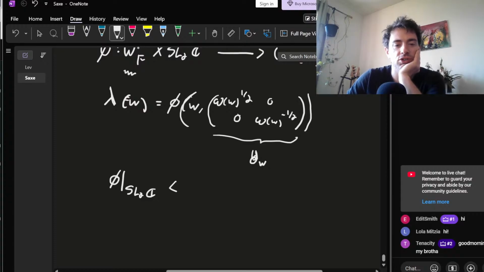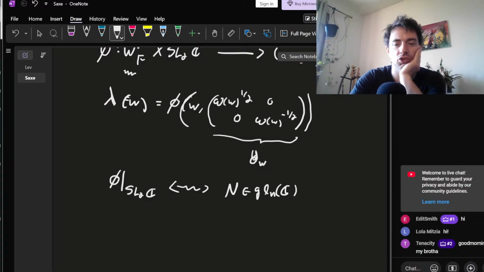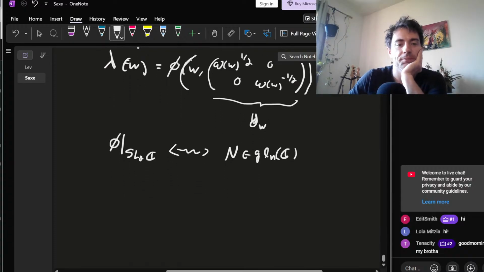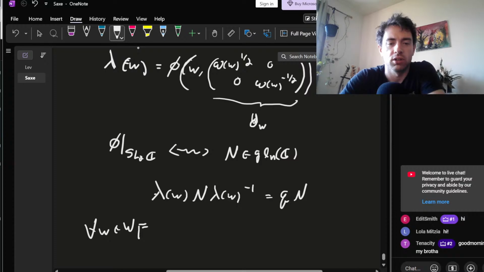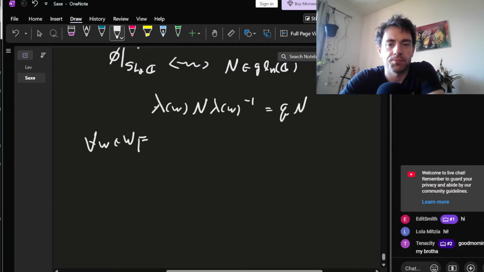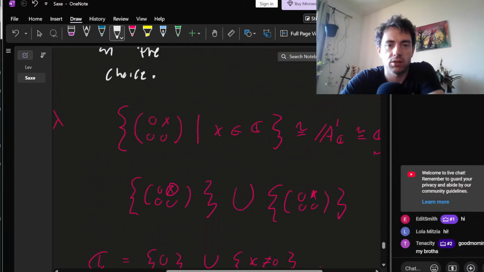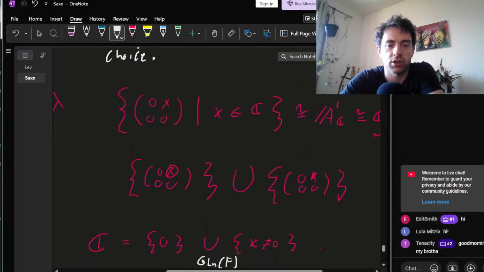Remember that this is entirely determined by picking just a nilpotent element in the Lie algebra of GL_N, which is just to say some n by n matrix, and we want one other condition: that if you conjugate by this for all w, you just get the result of multiplying by q. It's in the q eigenspace. And so we saw an example of this.